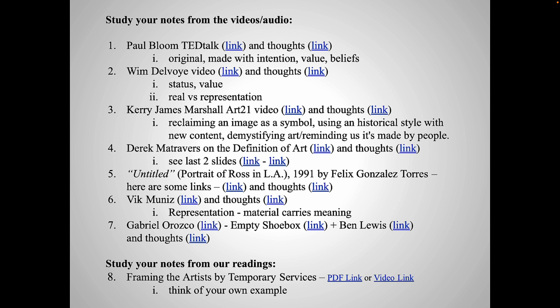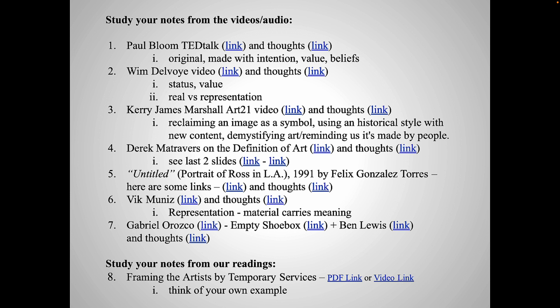And if you go there and you're willing to go there, you might be thinking about maintenance in general. Like how are things maintained? And for him, Portrait of Ross is a representation of his dead lover. Ross died from AIDS, HIV/AIDS, and later actually Torres does as well, sadly.